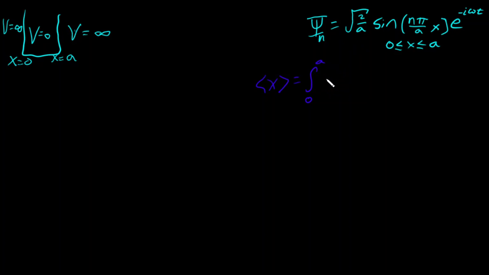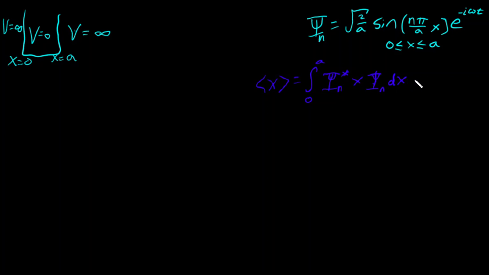Okay, and now we have ψn star x ψn, and I just wrote it this way because when we have derivatives, the order will matter. But right now, this is just like x times |ψn| squared, dx. Because we're taking the norm squared, the t part gets removed, so this obviously will not depend on t.